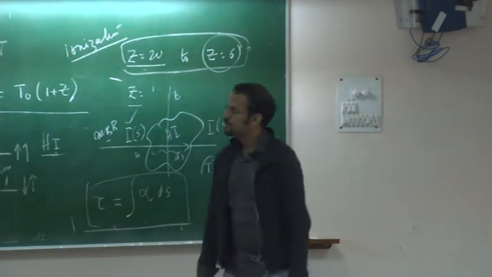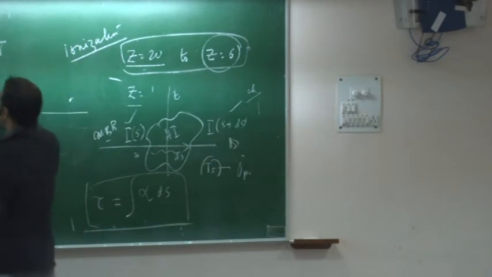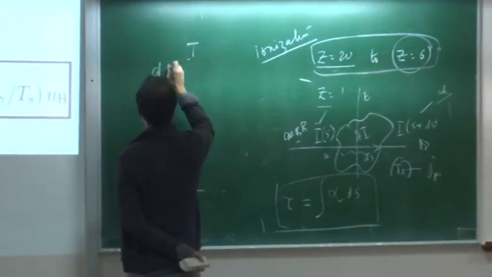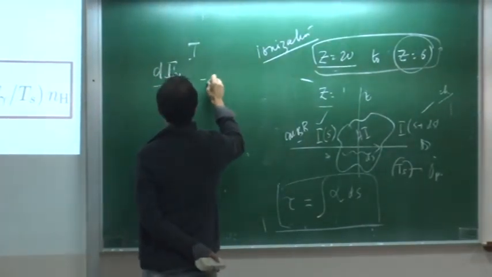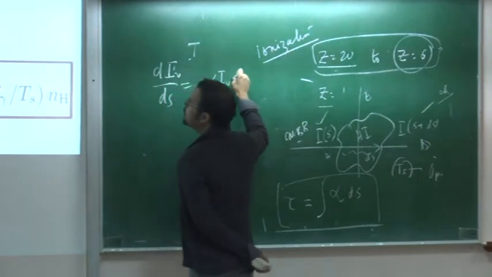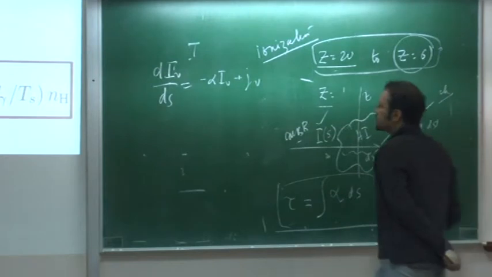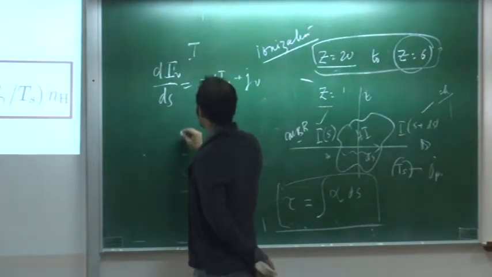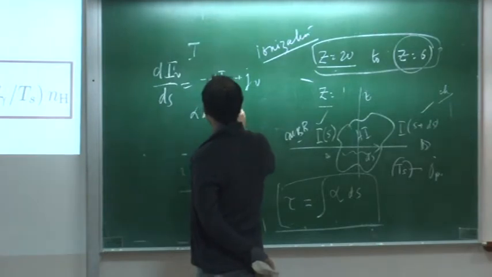It's the optical depth. So if I write down this equation, dI nu by ds equals minus alpha I nu plus j nu. This is for a given frequency, and then I divide this whole thing by alpha. So I have alpha ds equals d tau.